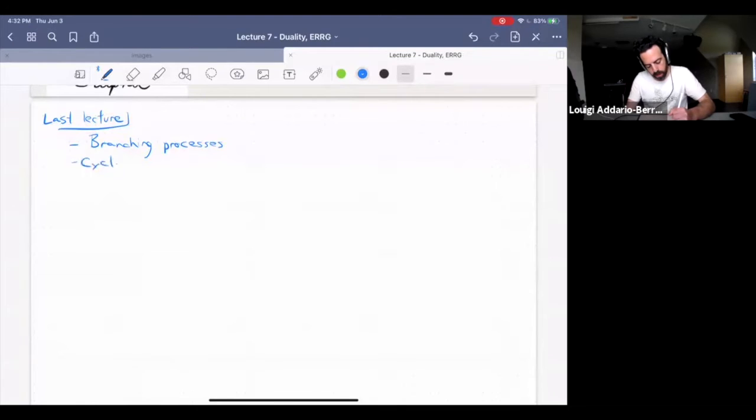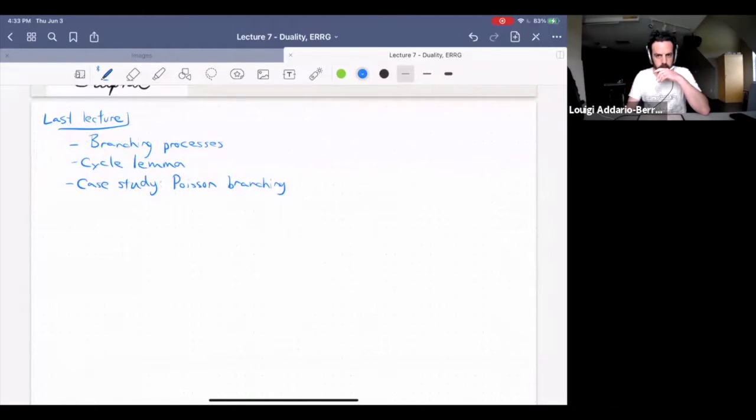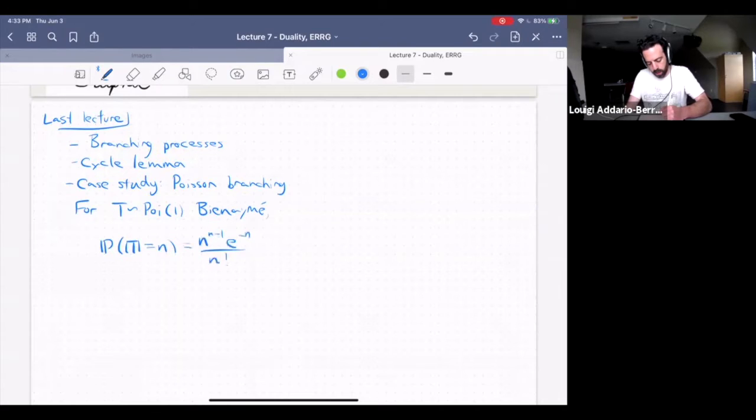We saw the cycle lemma, and we did this case study, which was Poisson branching, in which case we saw that for T a Poisson 1 branching process, the probability that the size of T is n is n to the n minus 1 e to the minus n over n factorial, which was in particular roughly 1 over n to the 3/2.